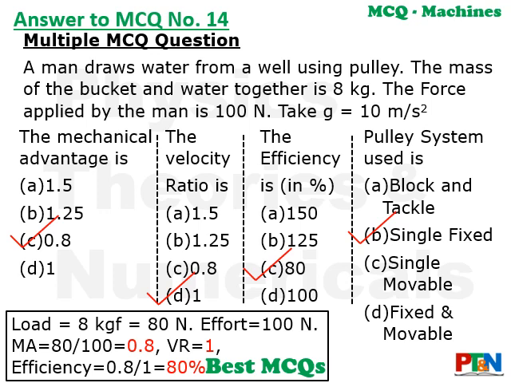So mechanical advantage is load by effort, that is 0.8. Velocity ratio: it is a single fixed pulley, so velocity ratio is 1. Efficiency is mechanical advantage by velocity ratio, that is 0.8, that is 80%, and the type of pulley system used is single fixed pulley.